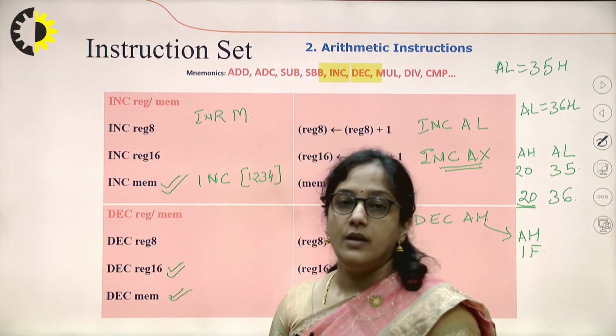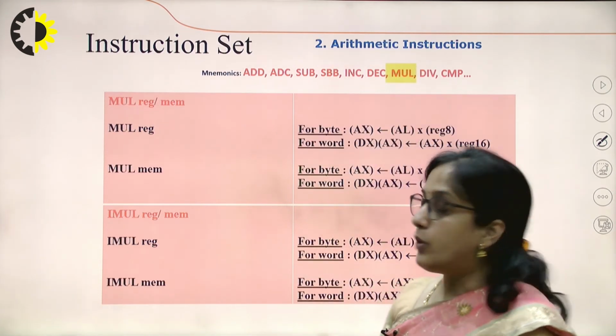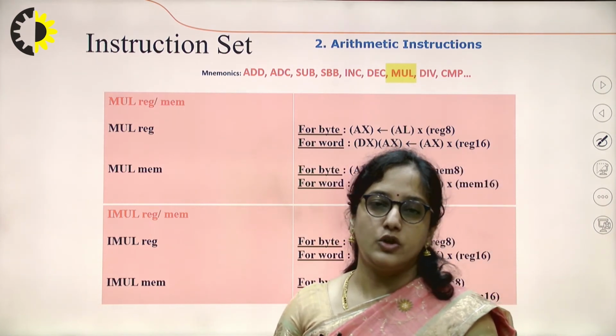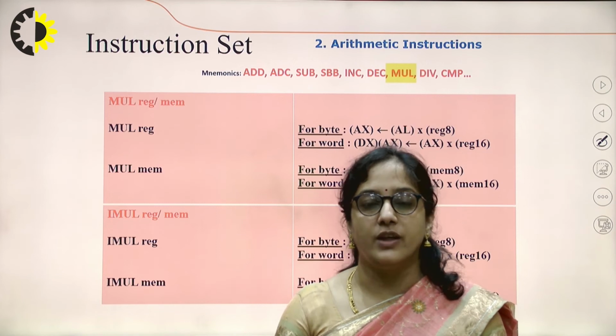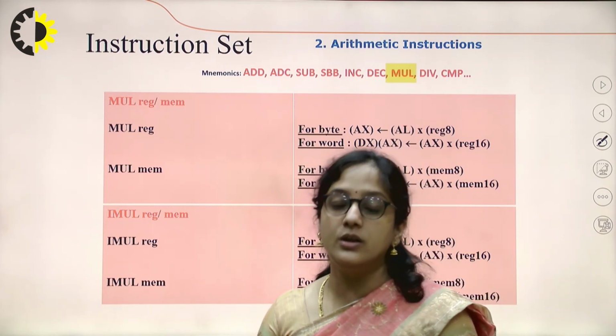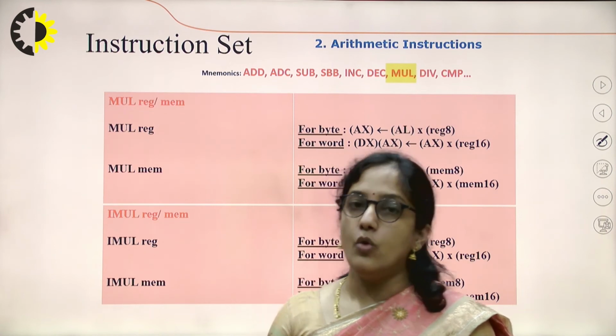The important feature of the 8086 instruction set is multiplication: we have an instruction for multiplication in case of 8086.